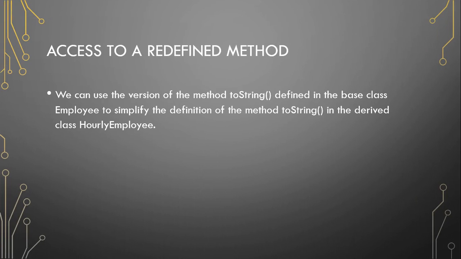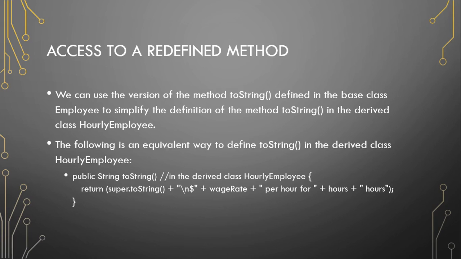Now, we can use the version of the method toString defined in the base class Employee to simplify the definition of the method toString in the derived class HourlyEmployee. The following is the equivalent way to define toString in the derived class HourlyEmployee: public String toString, return super.toString plus wage rate per hour.